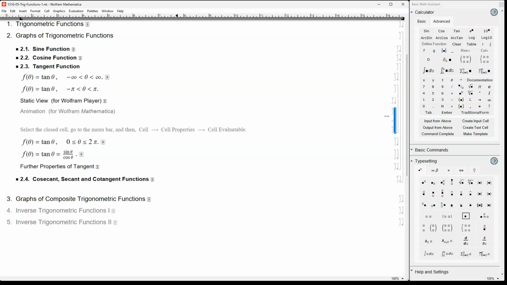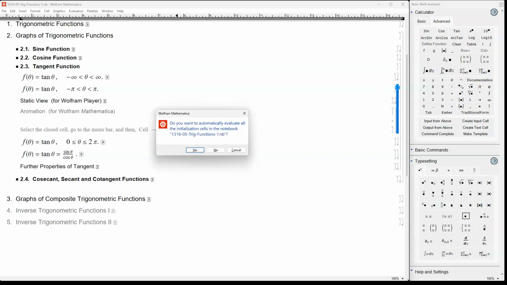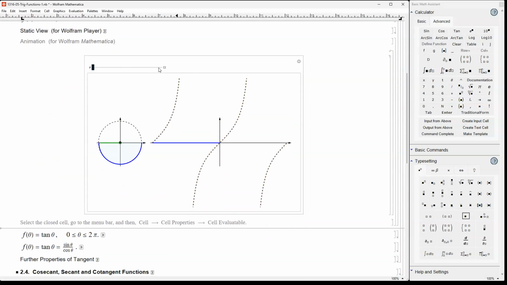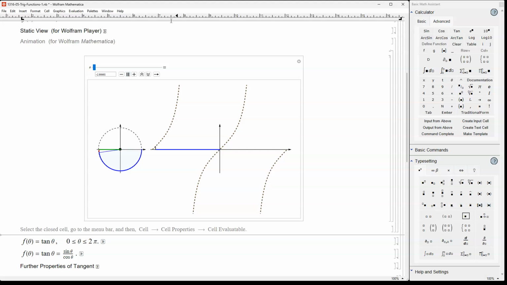Here is the visualization, but I don't know how helpful this is going to be. Let me run it again. Okay.